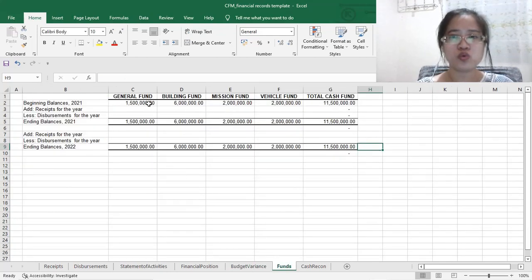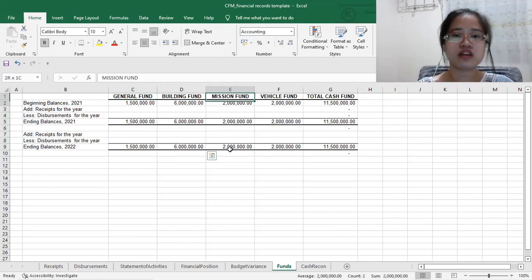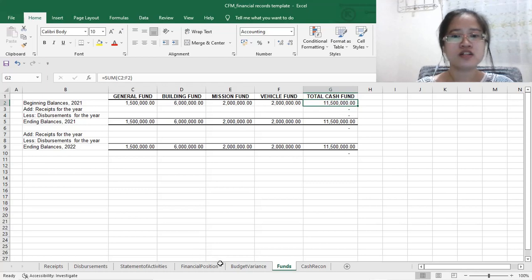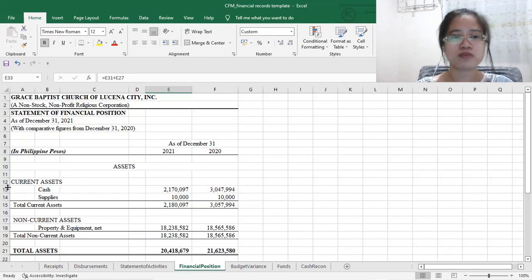And then you have the funds. Normally, if you have multiple funds within the church, then you would want to see the particular balances of each fund. Okay, and then you have the total cash fund. This must be equal to the cash balance that you have here, at the end of the year.